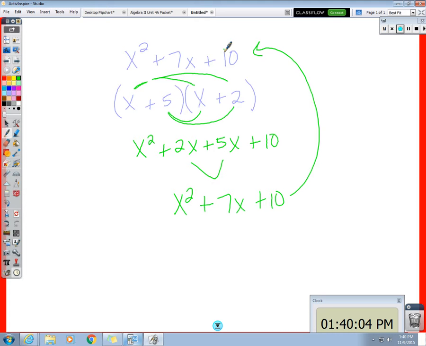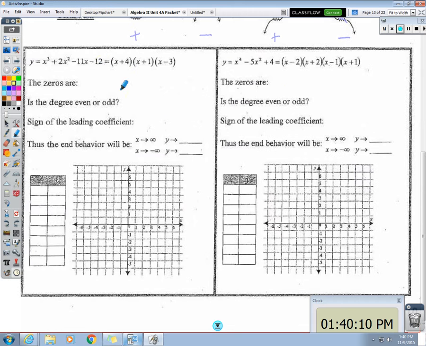Okay, now it is the same thing for this. This is just the factored form of this cubic polynomial. Like if I took these two and FOILed them, got a trinomial, and distributed them to this binomial, it would give me back that. If you don't believe me, we'll graph it and I'll prove it to you.